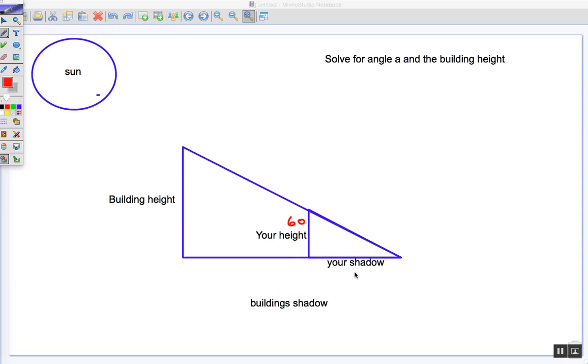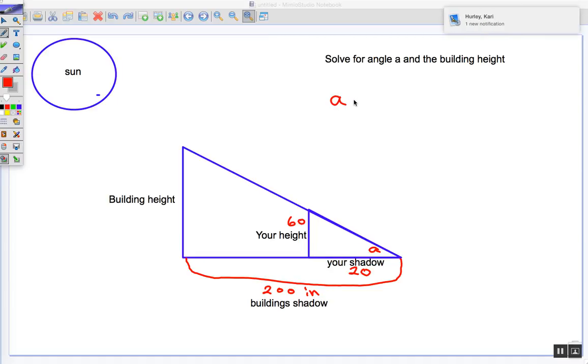We're going to say that shadow is 20 inches. That's still our angle A that you need to solve for. And we're going to say the building's shadow is 200 inches. So your goal is to solve for angle A and the building height.